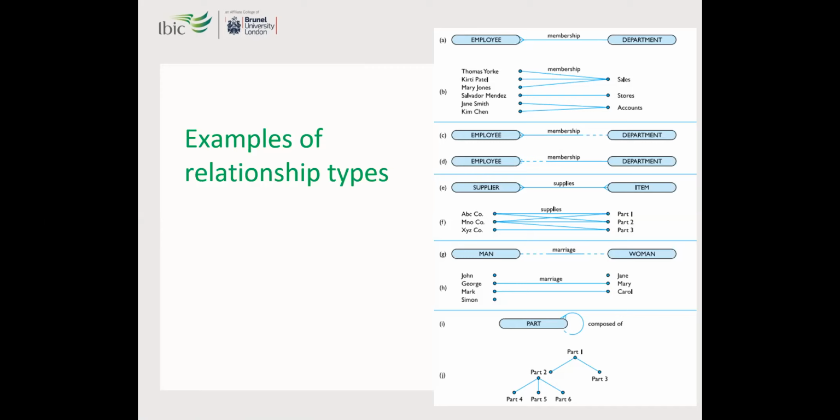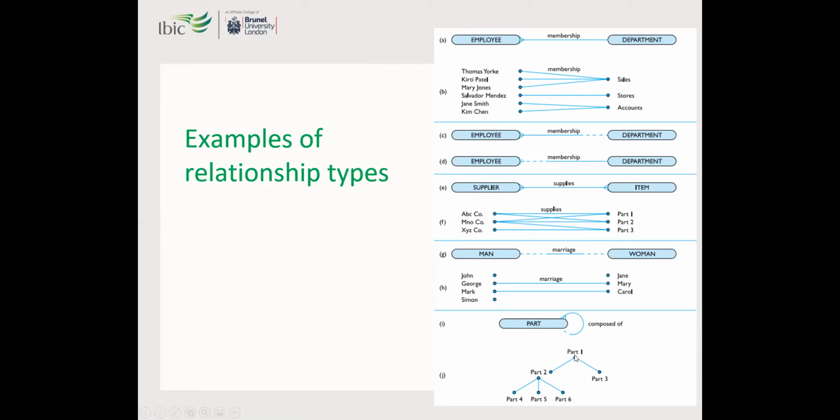So this type of involuted entity type or relationship implies that the parts and the composition follow a tree-like structure, which is represented in here.